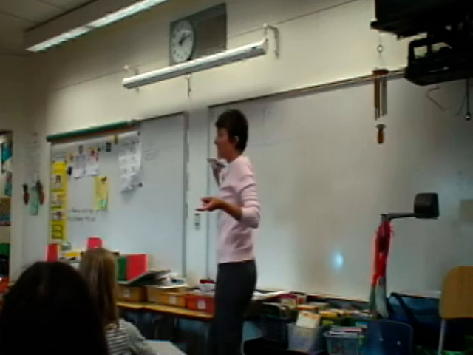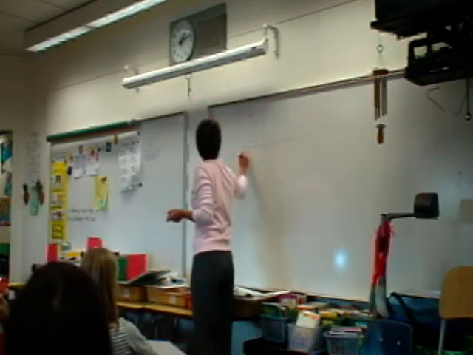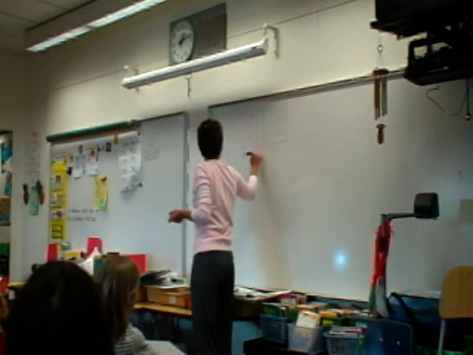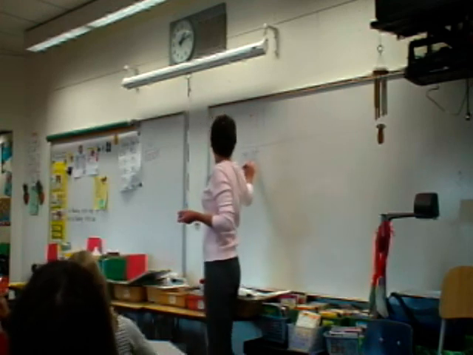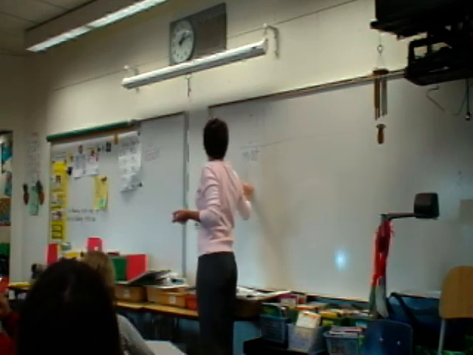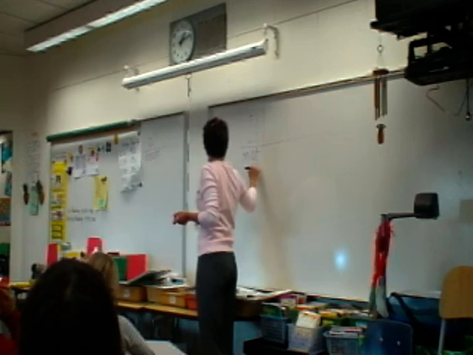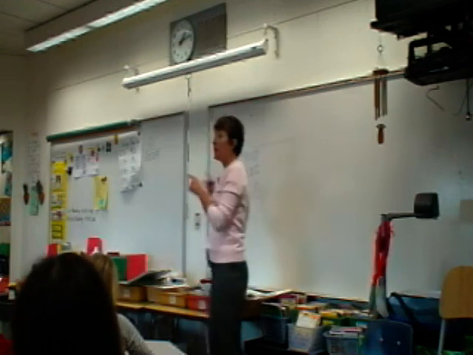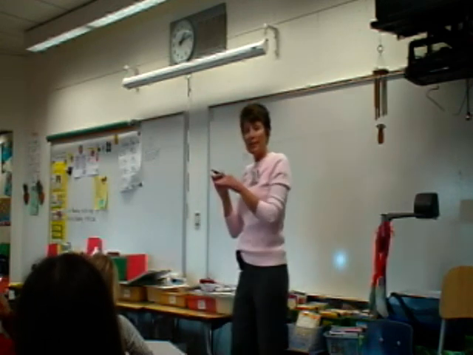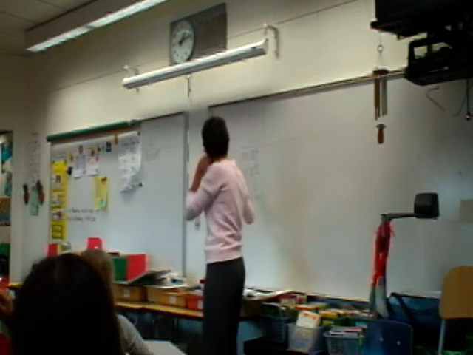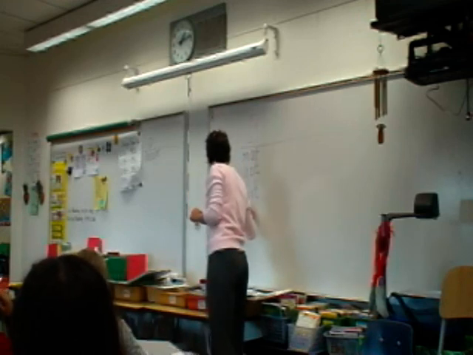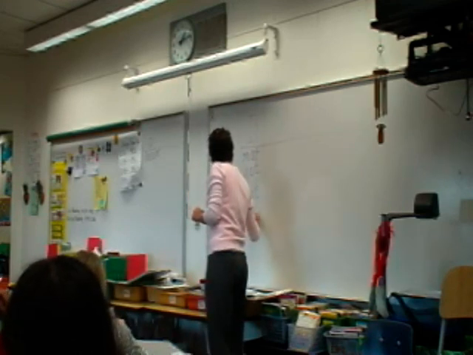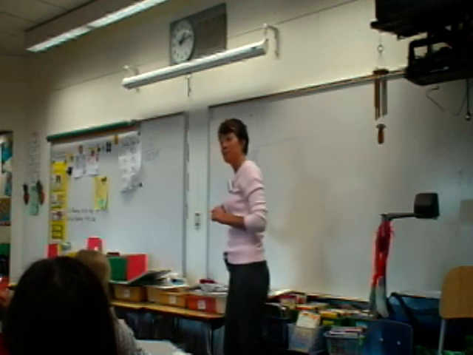And closed syllables are words or syllables like mat, or got, or hit. And the reason they're called closed syllables is because the pattern has a consonant here, then a vowel, and then another consonant.